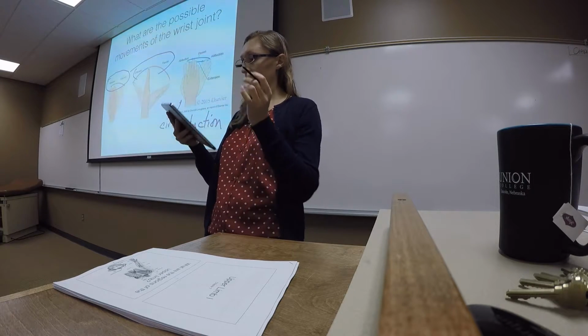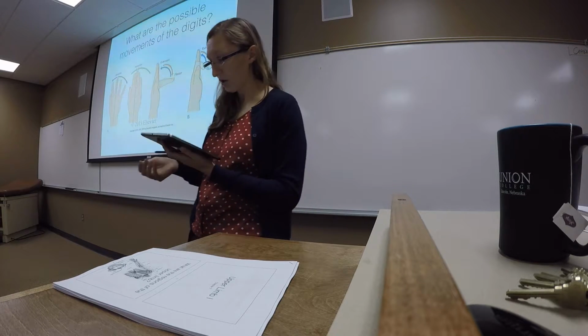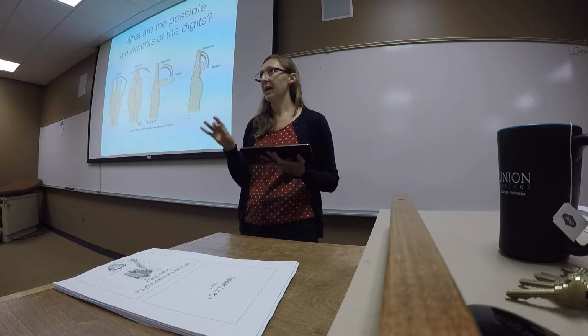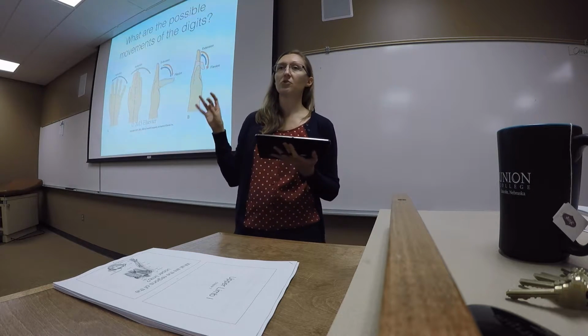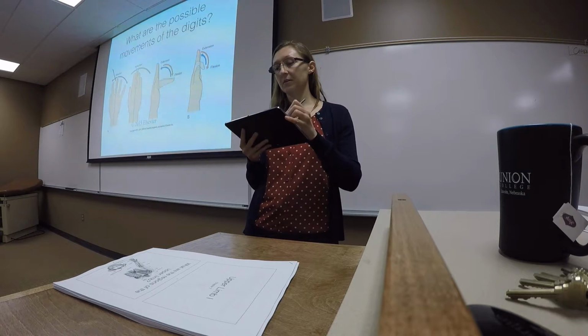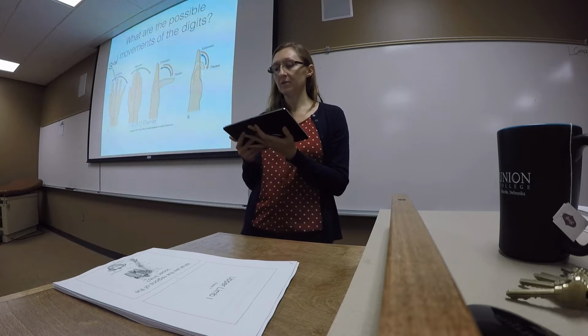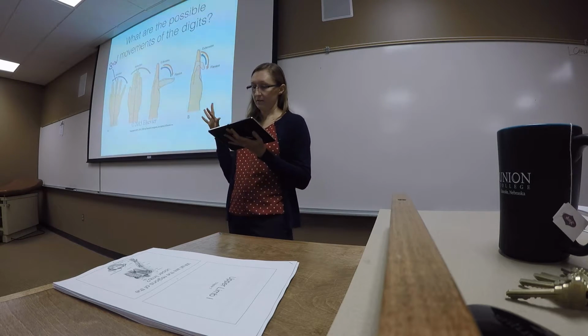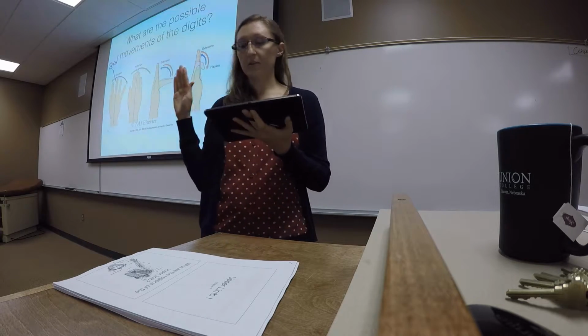Okay. All right, the digits. So like we had in the lower limb, abduction and adduction of the digits is in relation to one of the digits. However, this time it's in relation to the third digit instead of the second digit. Okay. So abduction away from the third digit, adduction towards the third digit.